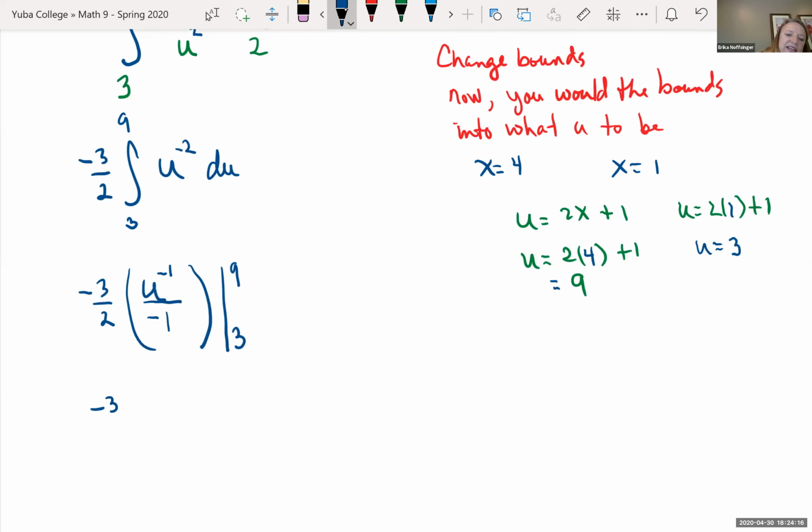We can leave that -3/2 out front if we want. This is the same thing as -1 over u, bringing that u to the -1 exponent down.